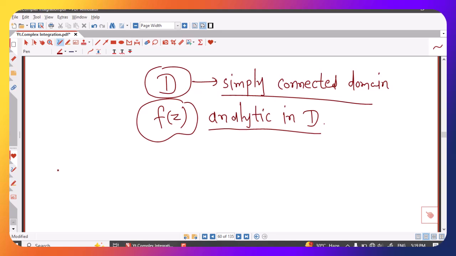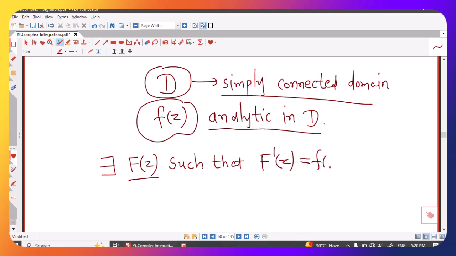Then our result says that if f of z is analytic in a simply connected domain, then there exists an analytic function denoted by capital F of z such that if we take the derivative of this capital F of z, then we have this small f of z.